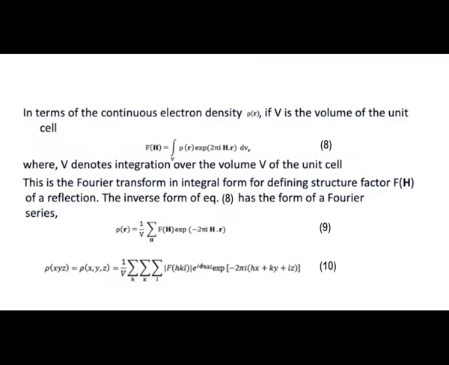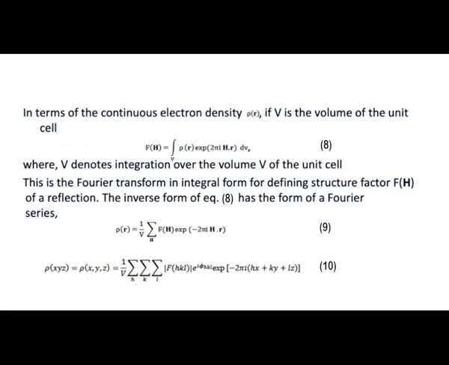Electron density at a point x comma y comma z is represented as rho of xyz, which is nothing but 1 over V, volume of unit cell, triple summation over the Miller indices HKL running from minus infinity to infinity mod F HKL, which is available from the square root of the measured intensity, experimental value, square root of I HKL, then e power i phi HKL multiplied by the exponent e power minus 2 pi i (hx plus ky plus lz). This is an important equation, again called Fourier synthesis in X-ray crystallography.